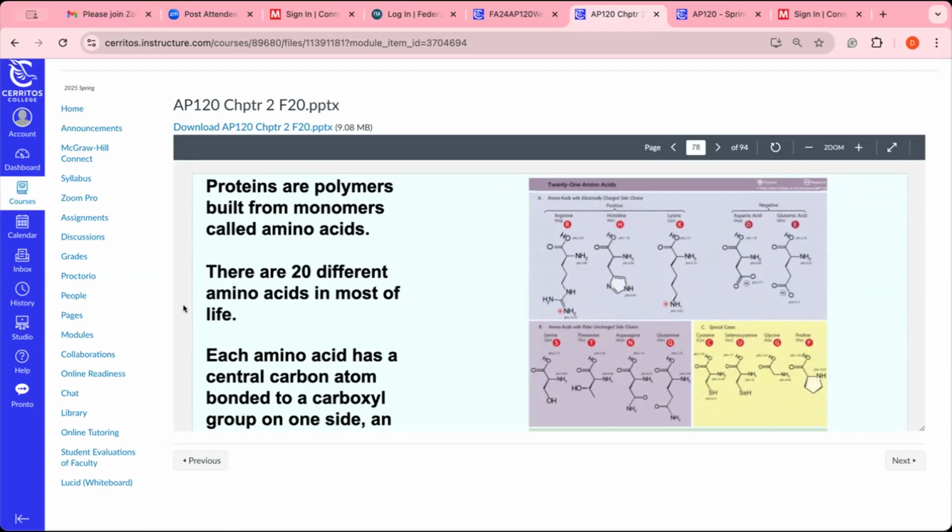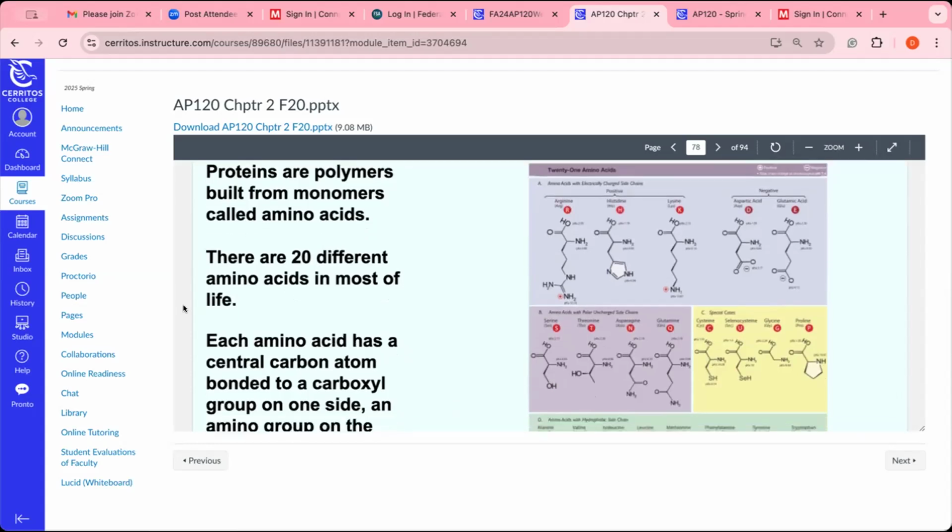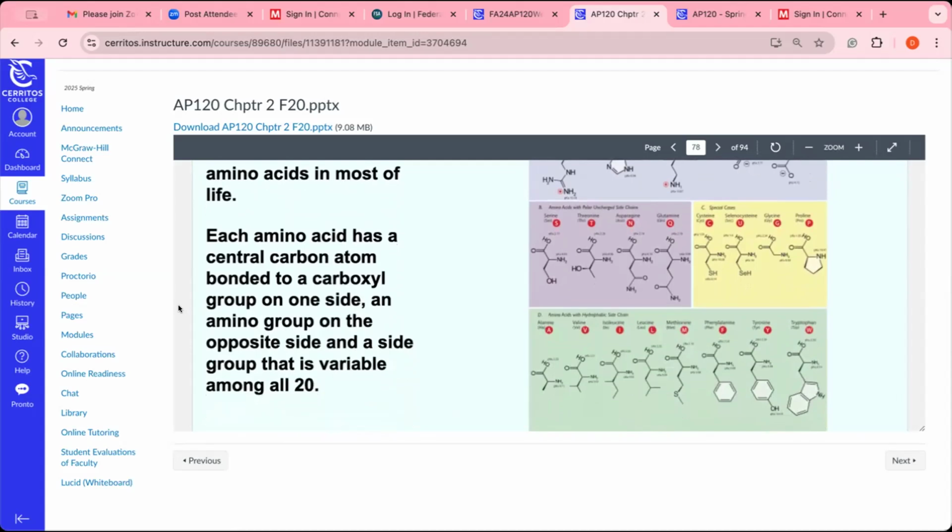There are 20 different amino acids in most of life. Each amino acid has a central carbon atom bonded to a carboxyl group on one side and an amino group on the other side, and a side group that is variable among all 20.